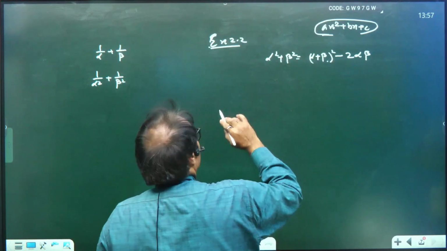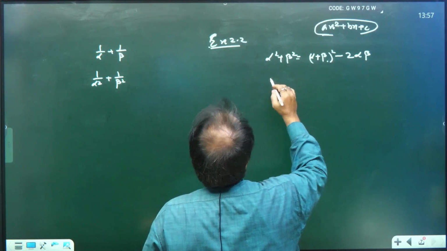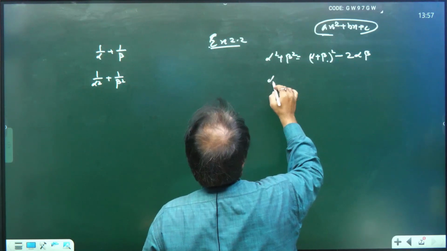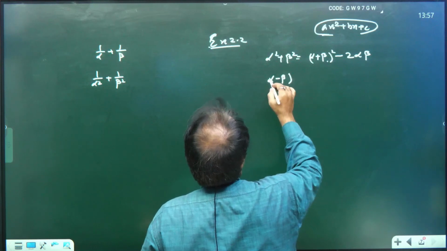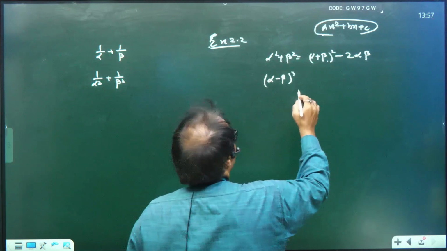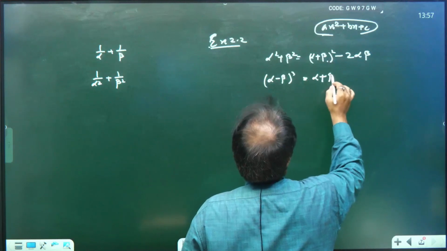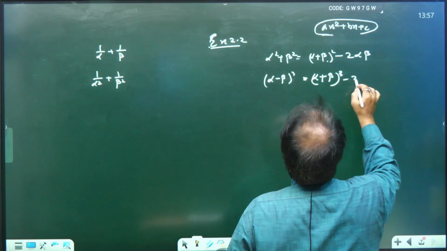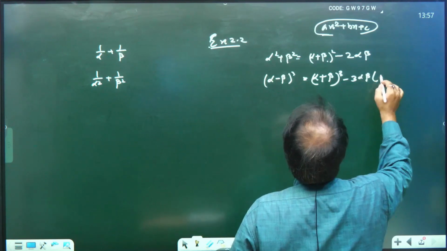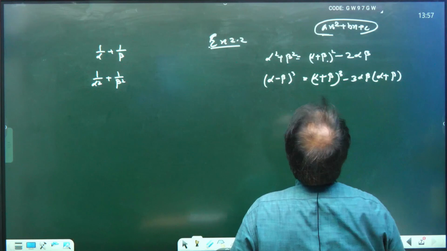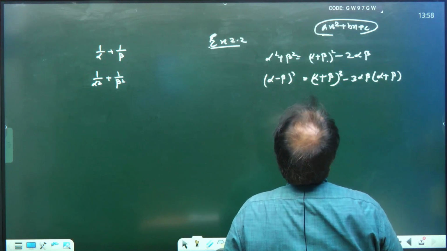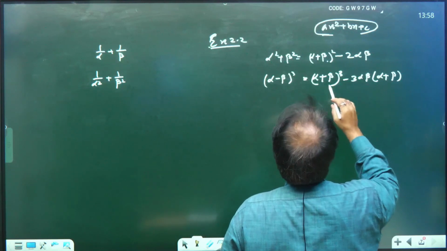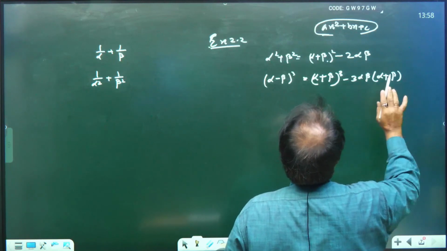Then alpha minus beta whole cube can be written as alpha plus beta whole cube, minus 3 alpha beta into alpha plus beta, that is, alpha cube minus beta cube minus 3 alpha beta into alpha minus beta.